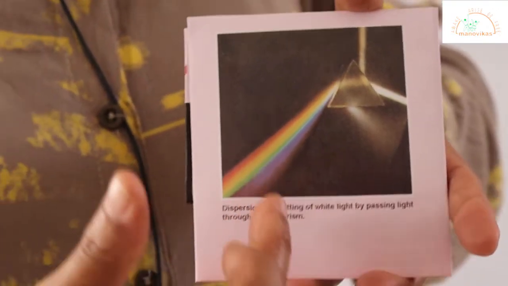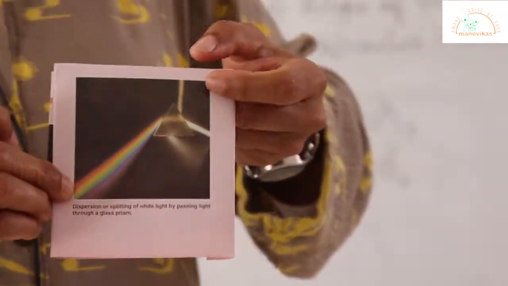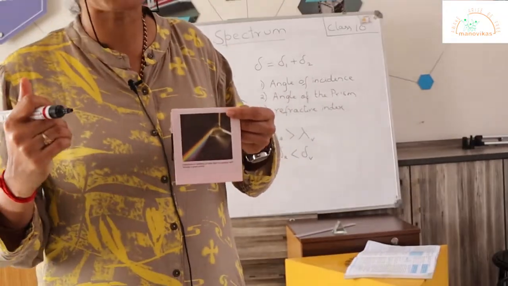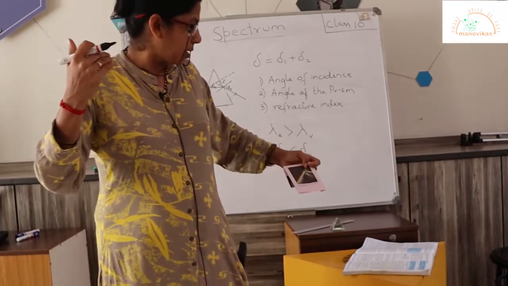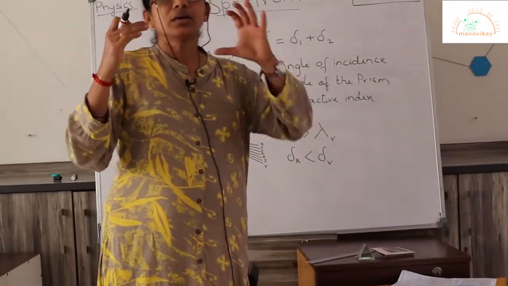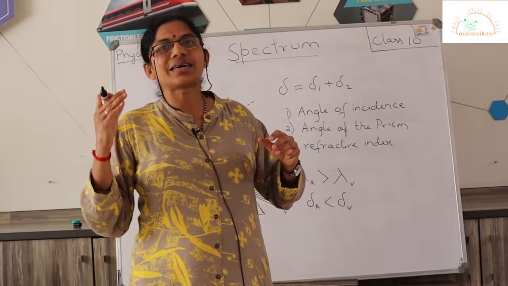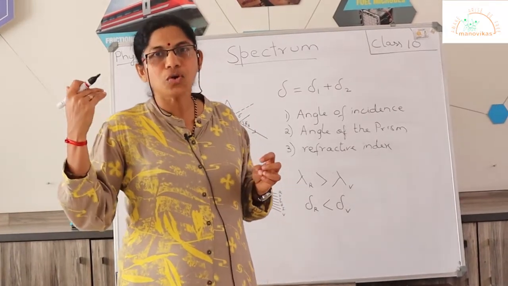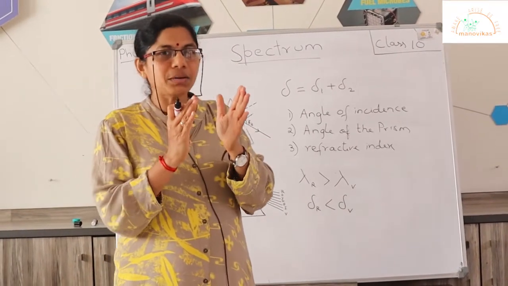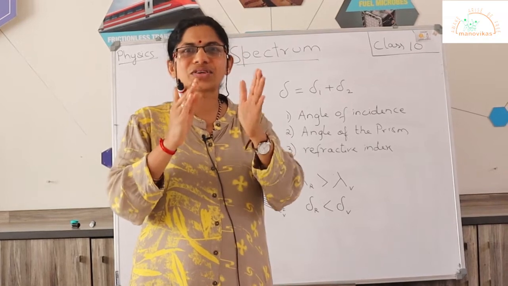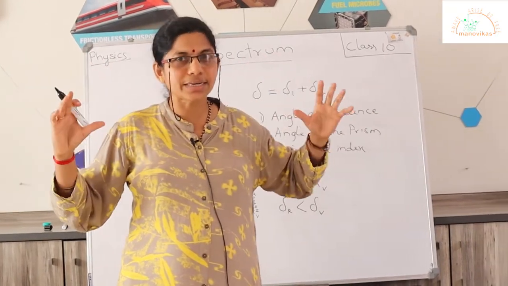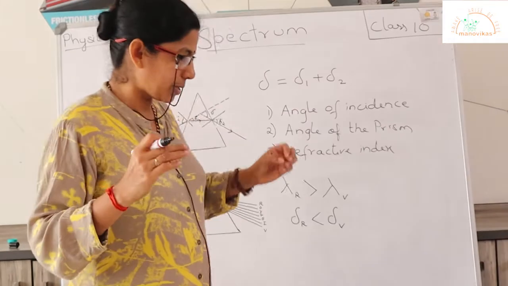radiations. So in the same way, when I say electromagnetic spectrum, it is a broader view in which there are many other radiations also present. So the visible part is just a small section of this entire electromagnetic spectrum. Okay.